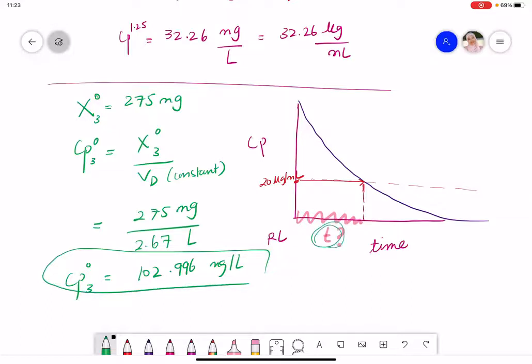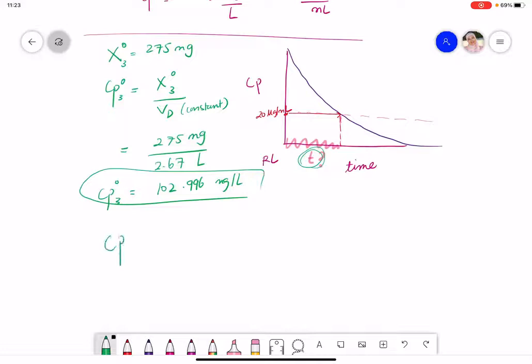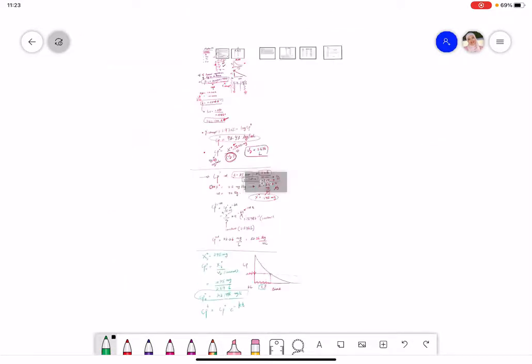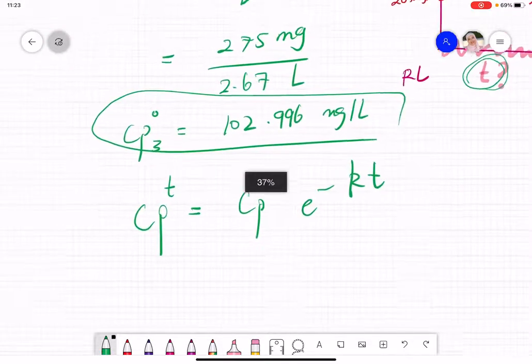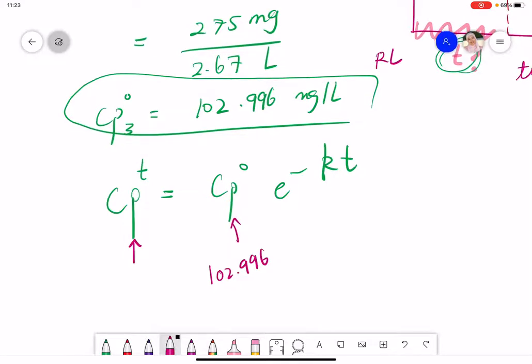No, I need the time. So to reach a certain concentration, CB at that time equals CB naught e to the minus K times time. CB naught 3 equals 102.996, and again, it's milligram per liter, which as a unit is microgram per milliliter.